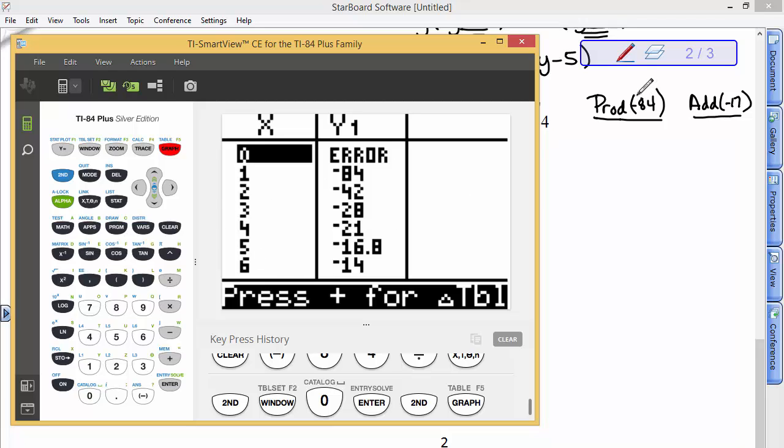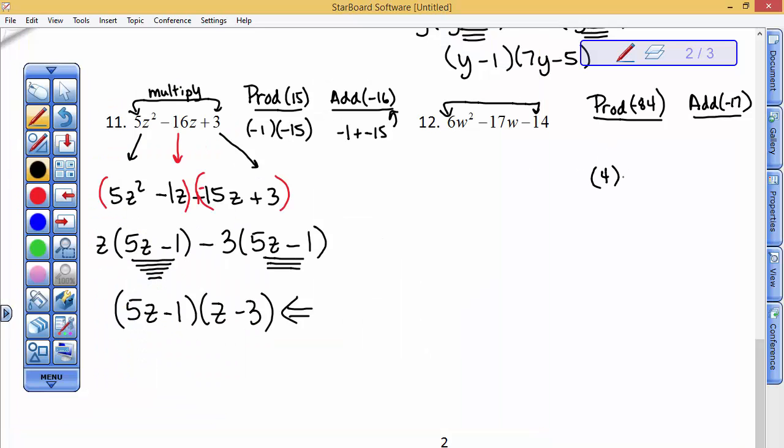Now mind you, I may need to put the negative sign over here. So I just have to have the ability to know that if it was 4 times a negative 21, it could also be a negative 4 times a positive 21. So it does happen, though, I want this to be 4 and a negative 21 because I want them to add to be the negative 17.